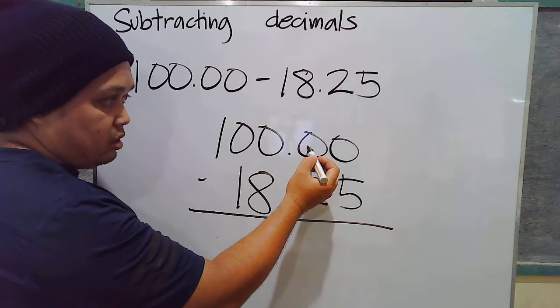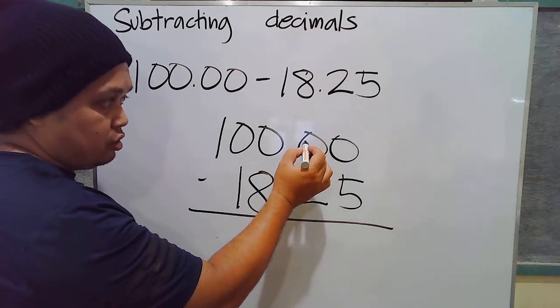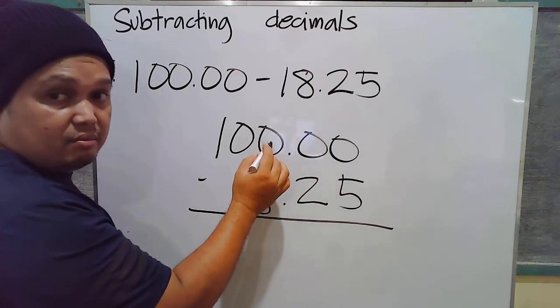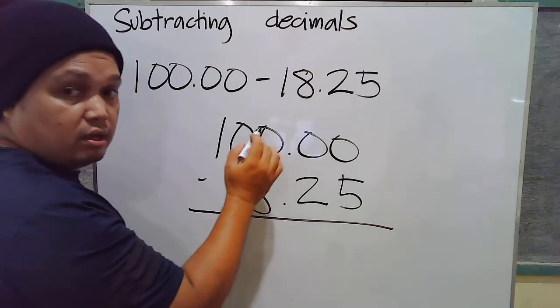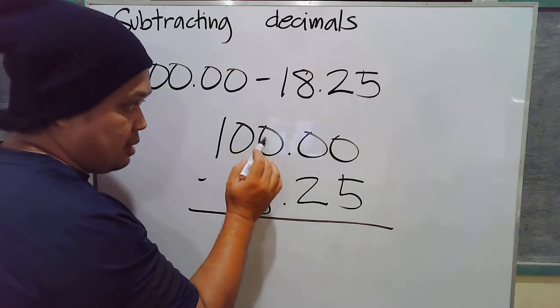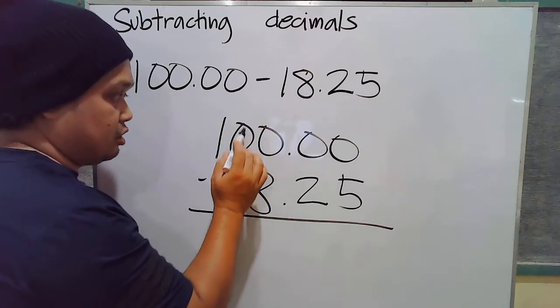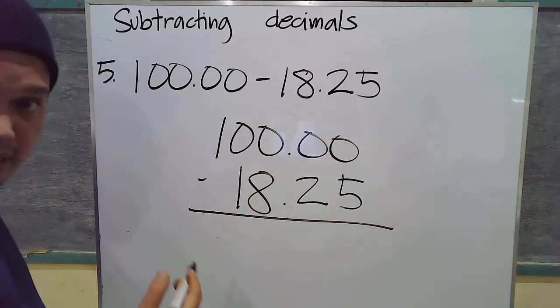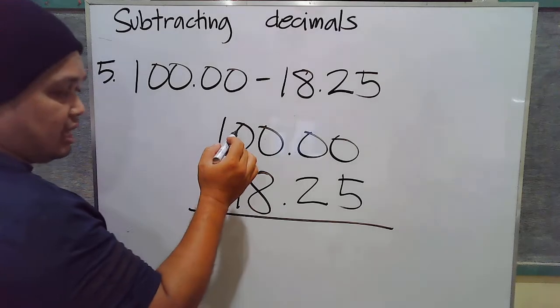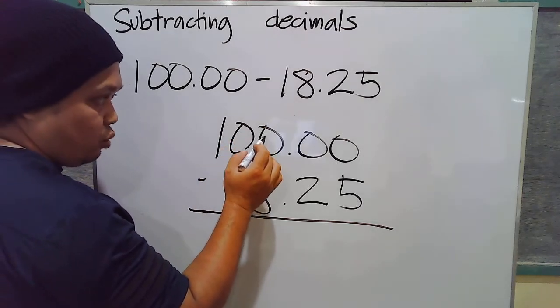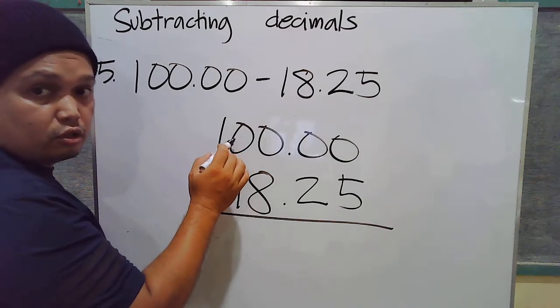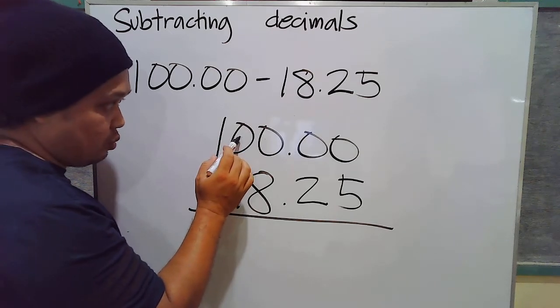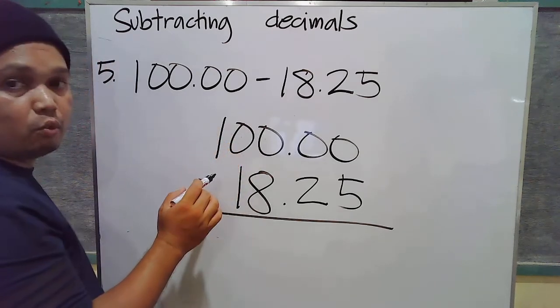And the same for the next 0. So what will happen is that 0 is going to borrow 1 from 1 here.